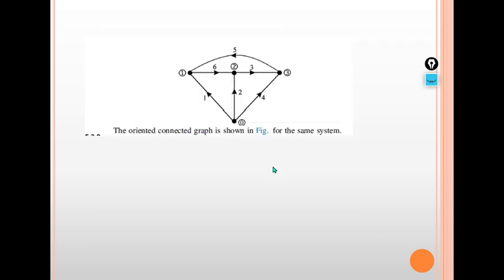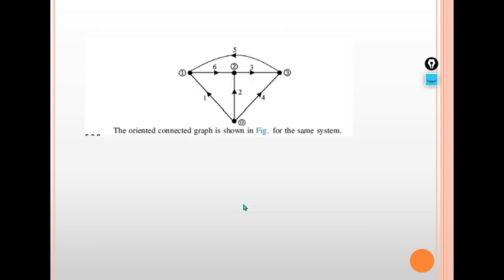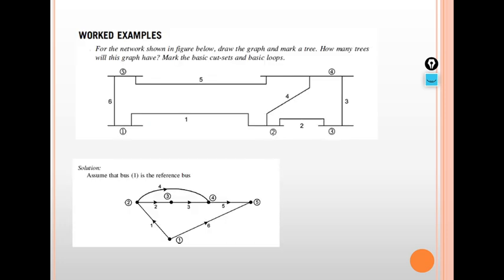From this you can draw a graph and give the direction of which bus the current is flowing. You can give that direction, draw the graph, and then apply your next level knowledge. So this is up to the tie-set matrix. Next.